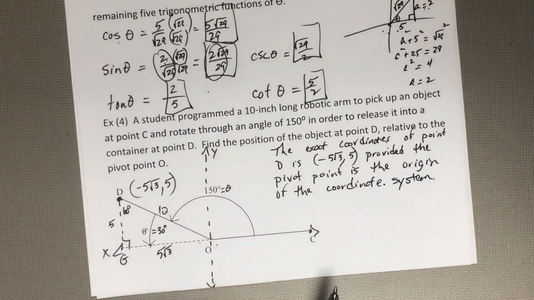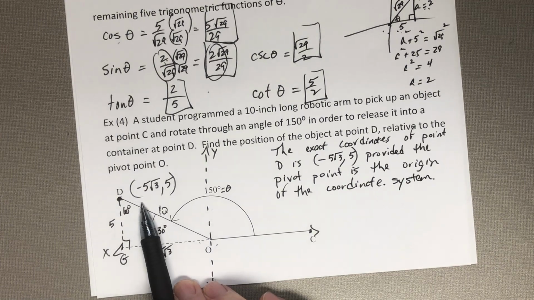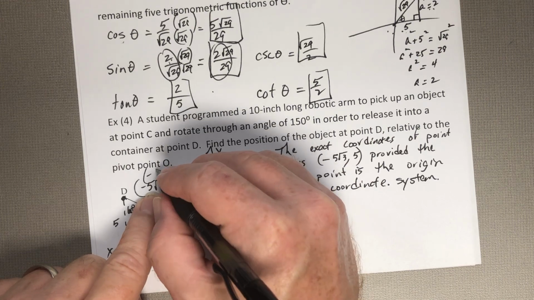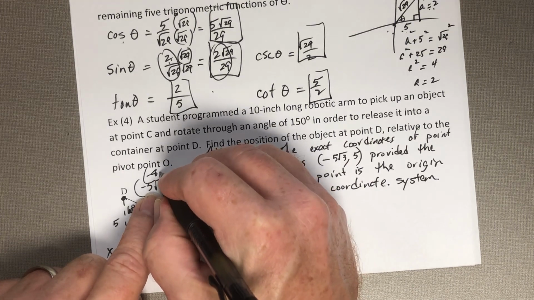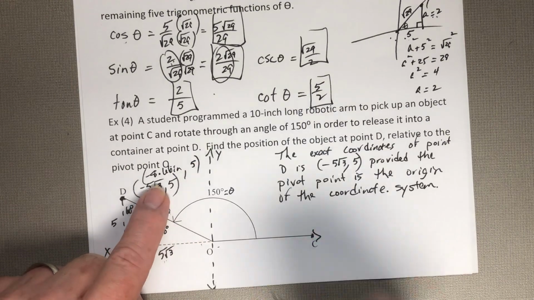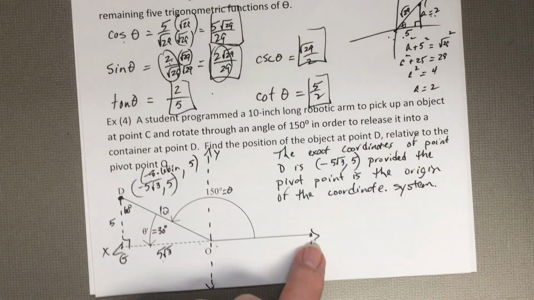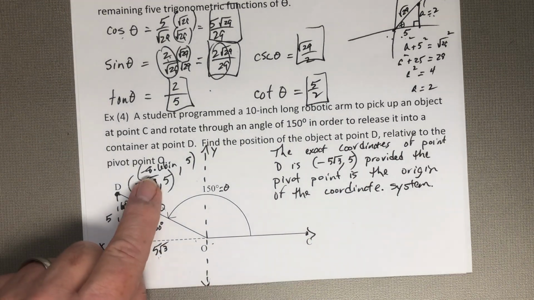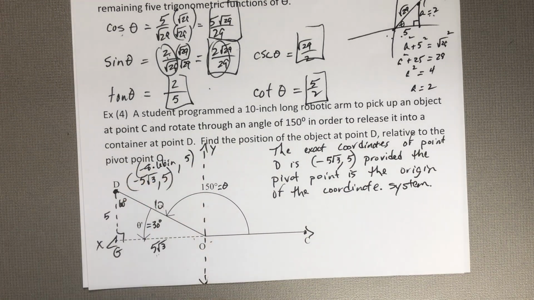Now if you wanted to say anything else, if you approximated, it would be negative 8.66 inches left. It would take this point that you pick up out here and move it 8.66 units left and 5 units up.